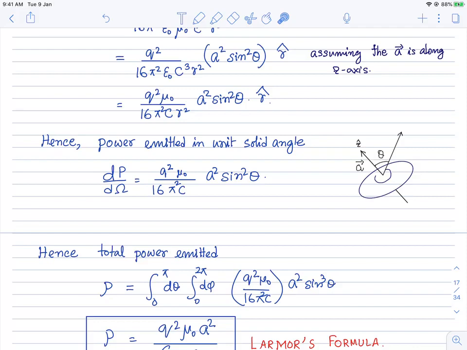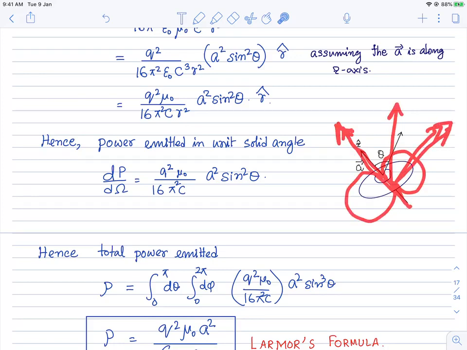And then what we have is basically this expression for the power emitted per unit solid angle. I want to emphasize here that this sine squared theta looks very familiar from your discussion of radiation. The particle is accelerating along this line, and if you consider a particular instant, it is giving out radiation in the non-relativistic case, moving with constant velocity.